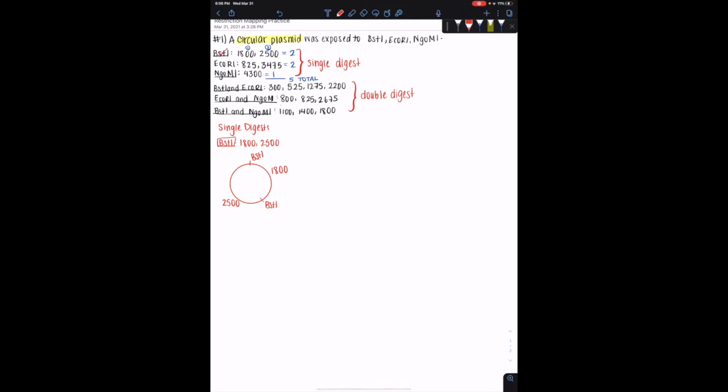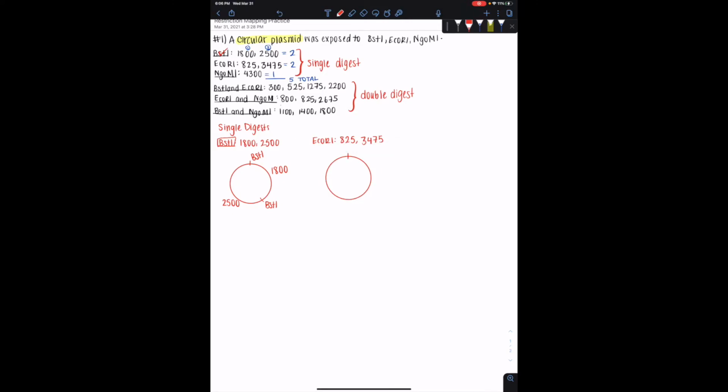I'm just going to check it off right here. The next one we're going to do is Eco. Eco also has two cuts, as you can see, it has two numbers. However, the contrast between these numbers is a lot larger than the one in BstI. So we want to make sure that the 825 fragment has dashes that are a lot closer to each other.